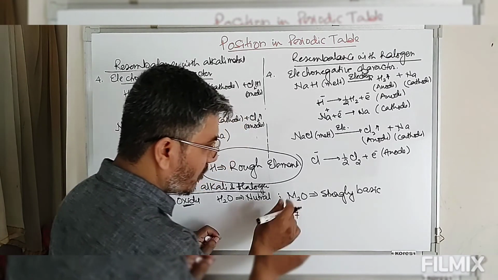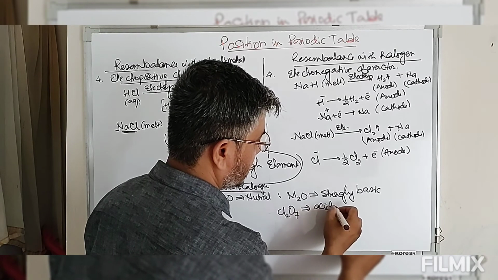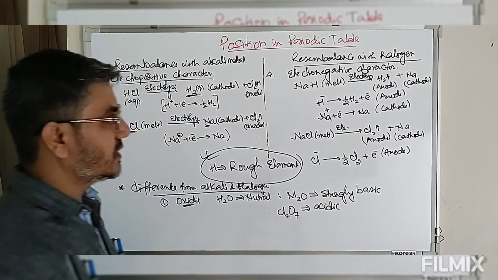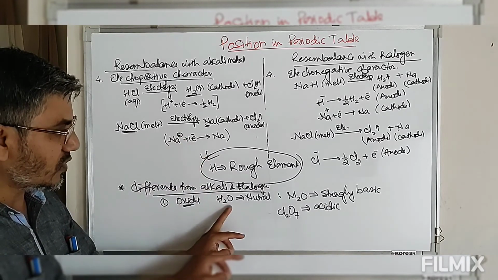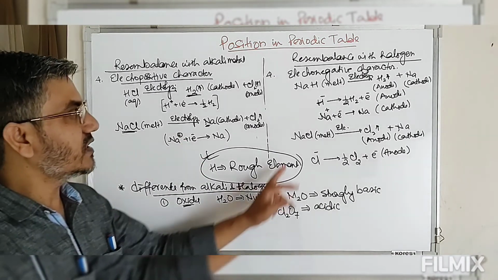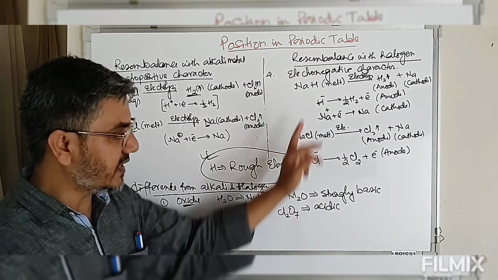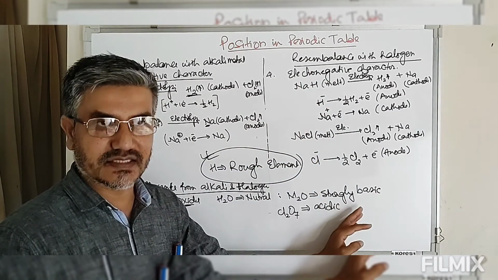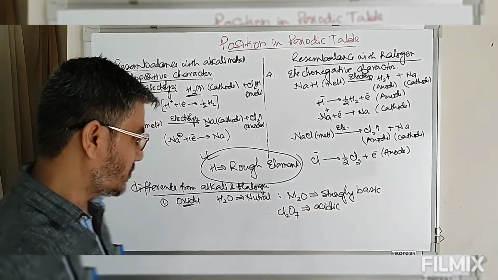These non-metal oxides are acidic. What I mean to say is, when we compare oxides, the oxide of hydrogen, that is water, is neutral. The oxide of an alkali metal is basic, whereas the oxide of a non-metal, that is a halogen, is strongly acidic. So in this way it has a difference in property.